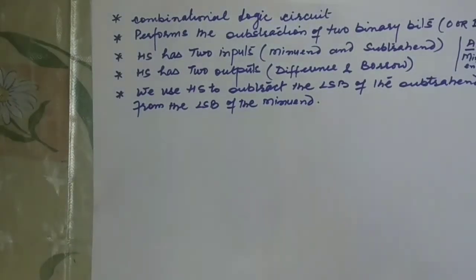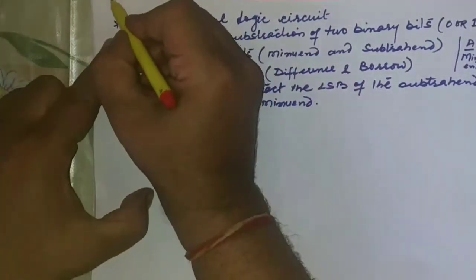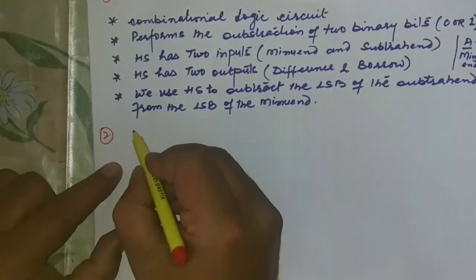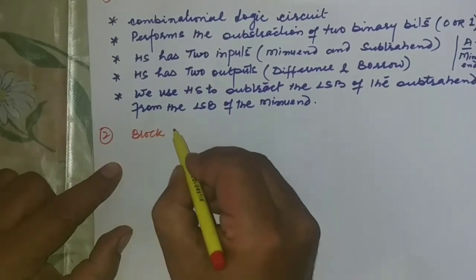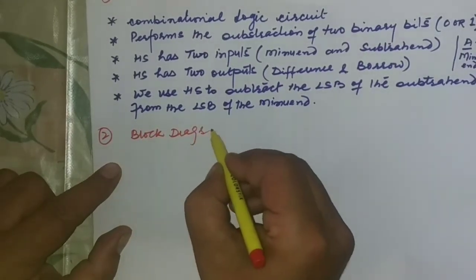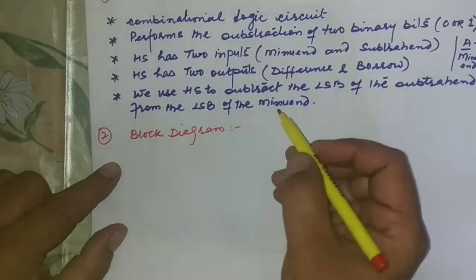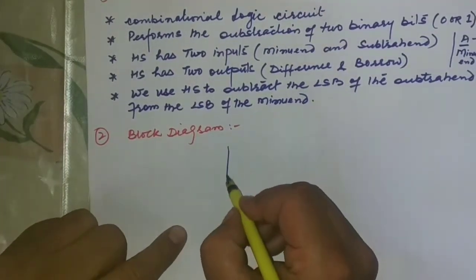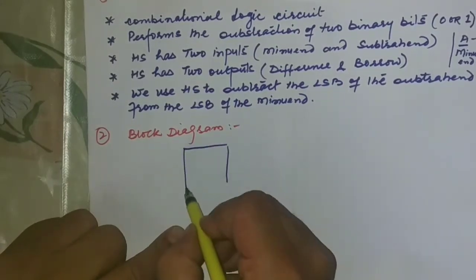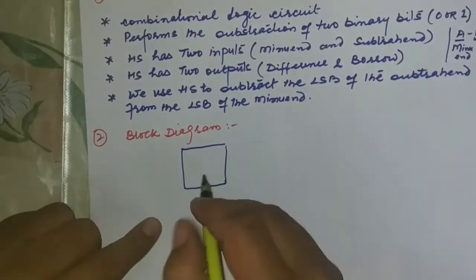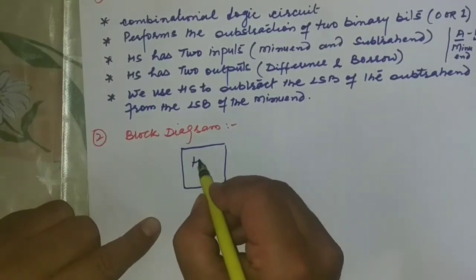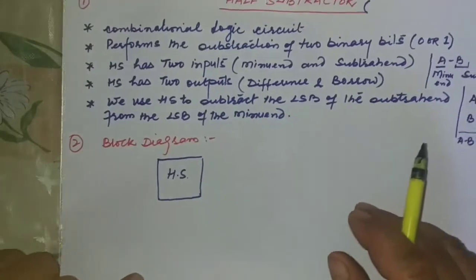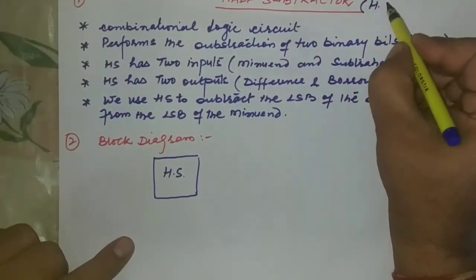So we can say that this is the first point that must be kept in mind. And the second point is its block diagram. Say for example, this is one block. We name this block as a half subtractor.